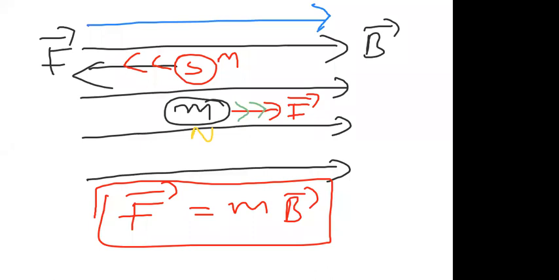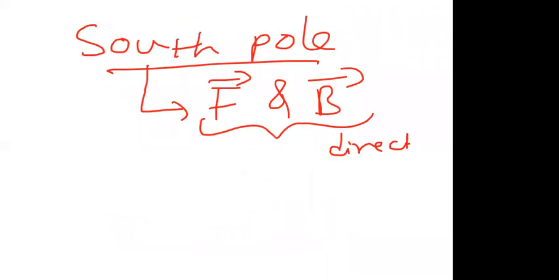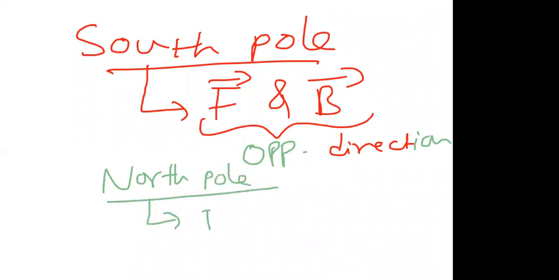So what are our conclusions now? For the south pole, F bar and B bar are in opposite directions. For the north pole, F bar and B bar are in the same direction.